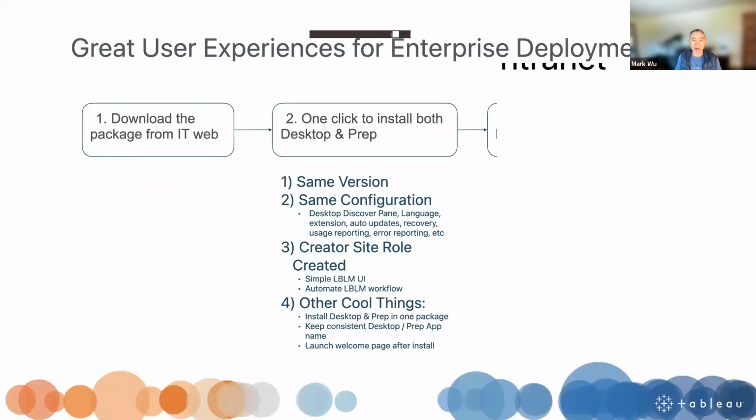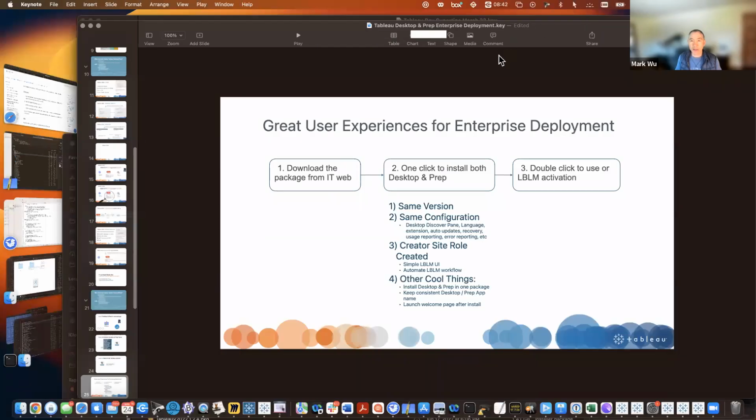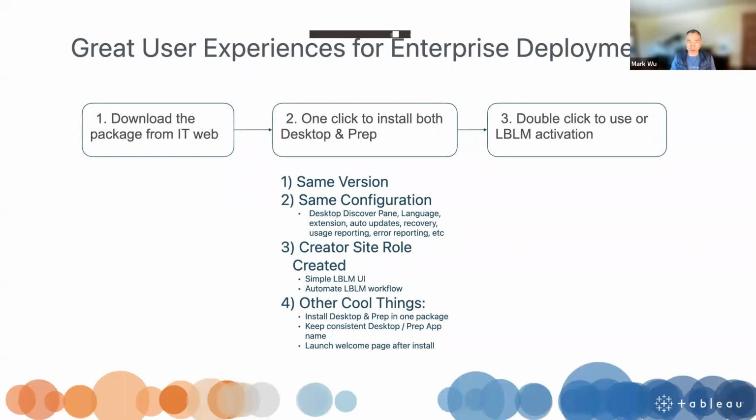All right, this is pretty much everything I covered. Just to recap from a user perspective: download my package from the IT website. One click installs both Tableau Prep and Tableau Desktop. Same version, same configuration for everyone. I get a site role created automatically for LBLM, consistent naming, and a launch welcome page.